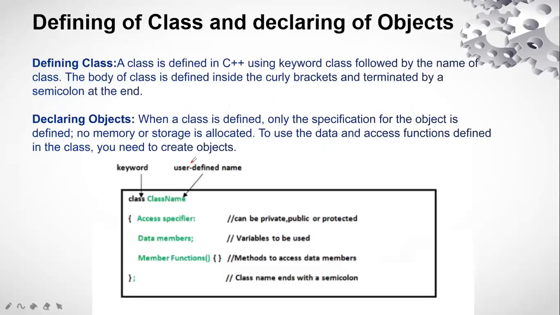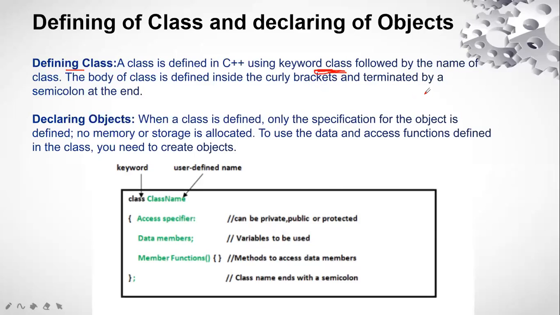So let's see how classes and objects are defined and declared. When we say defining a class, a class is defined in C++ using the keyword class, followed by the name of the class. Let's say class car.